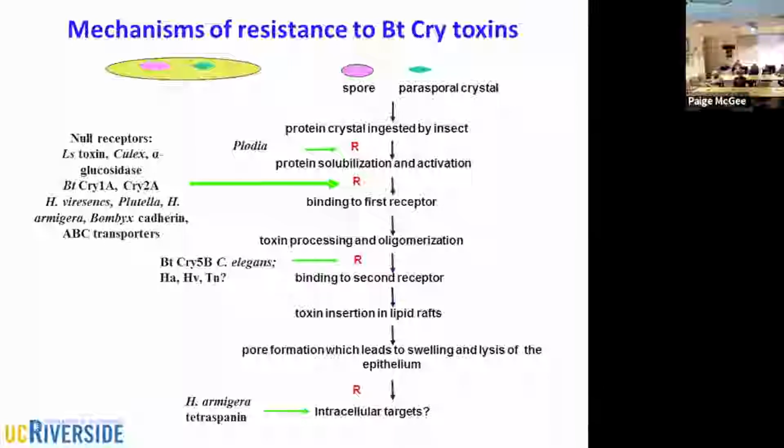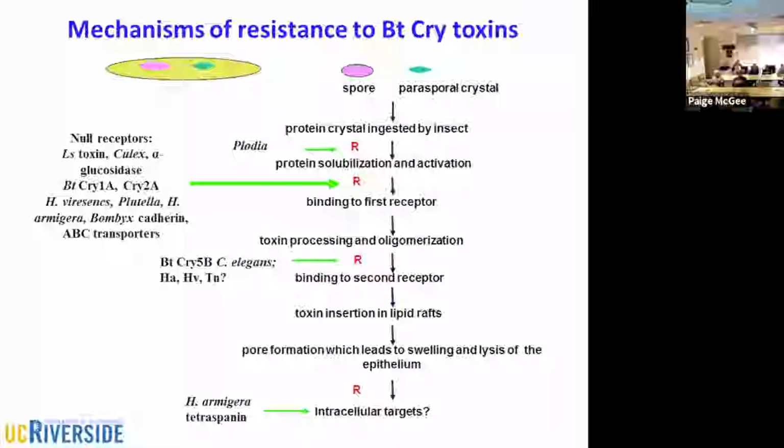In this process, there is some resistance due to increased protease activity in the gut. But the principal mechanism of resistance that has occurred has been in terms of binding to the receptor, that is the first receptor that's involved. And there are many of these that have been identified.